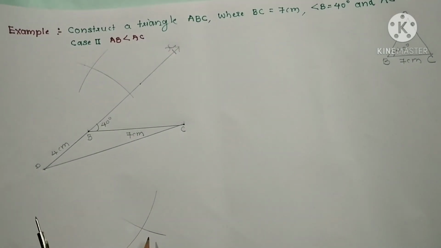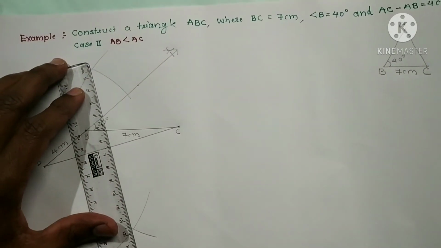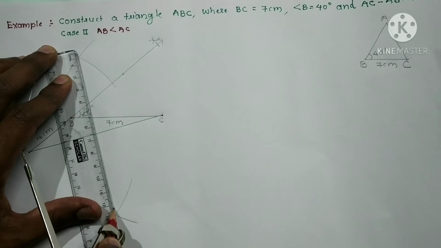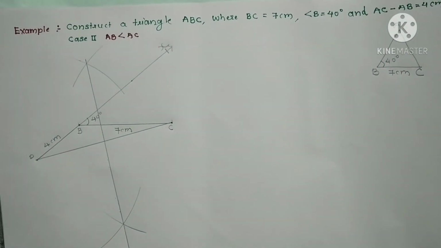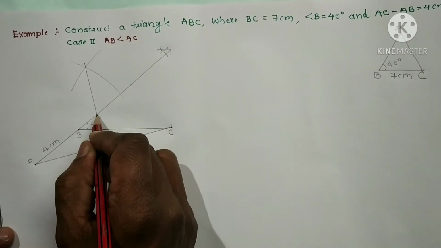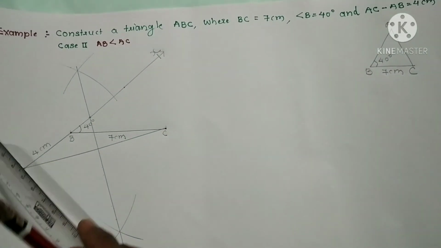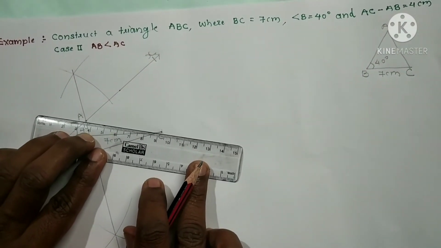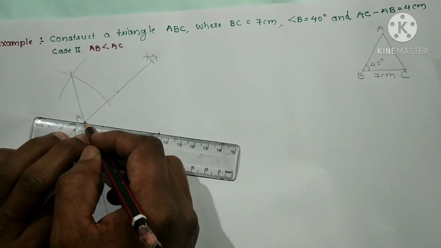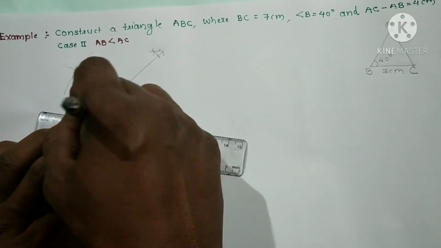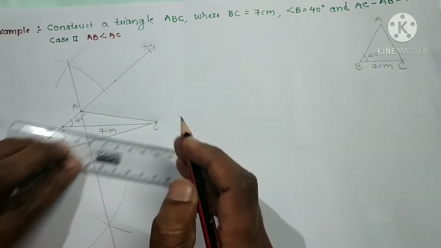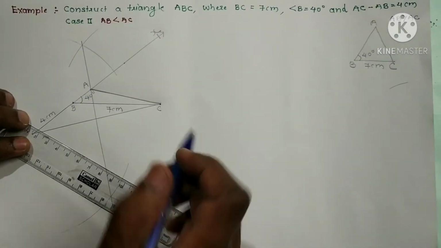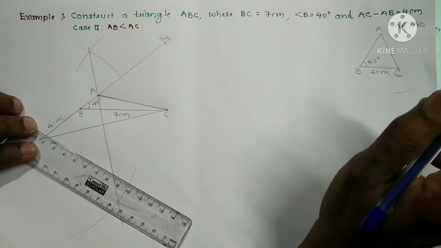Then you have to join these 2 points, and this is the intersecting point here, and this point is A, and now you have to join these 2 points A and C. So this is the required triangle ABC.